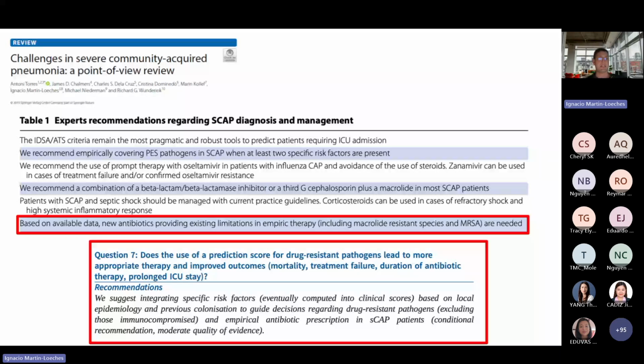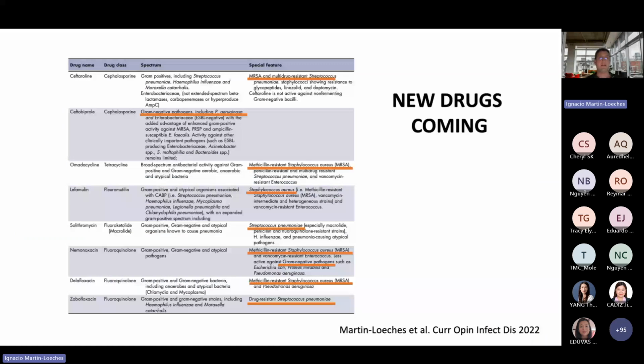And the most important is how many patients are going to have these local issues, depending on the country where you are practicing. There are different drugs, as I mentioned before, third-generation cephalosporins, but also new drugs that have been launched over the last few years.